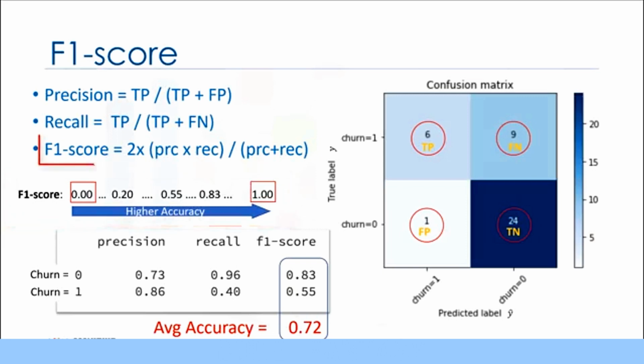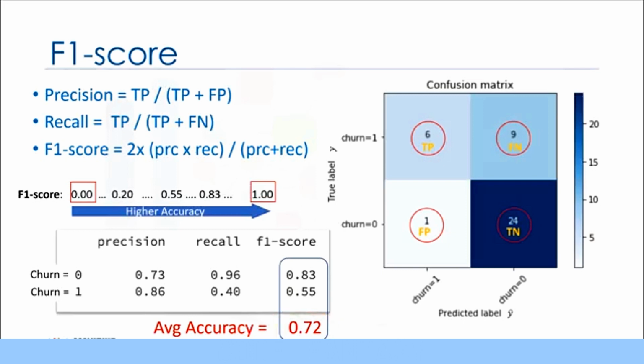It is defined using the F1 score equation. For example, the F1 score for class 0, i.e. churn equals 0, is 0.83, and the F1 score for class 1, i.e. churn equals 1, is 0.55. And finally, we can tell the average accuracy for this classifier is the average of the F1 score for both labels, which is 0.72 in our case.